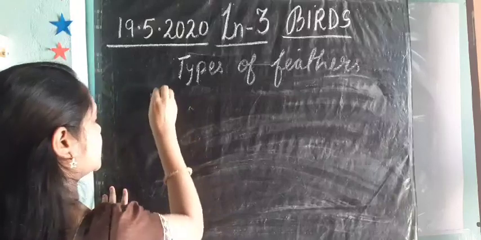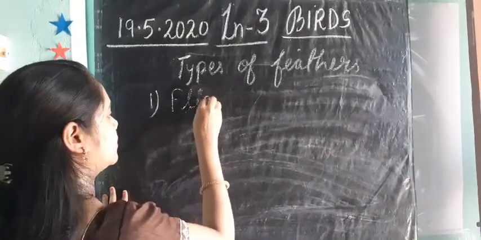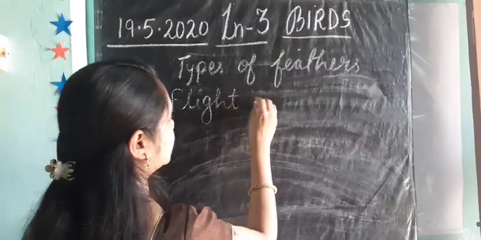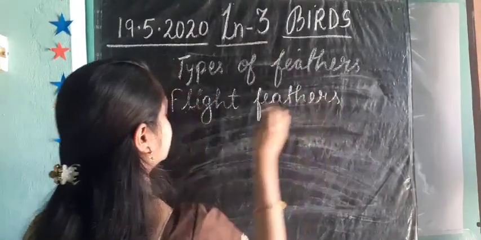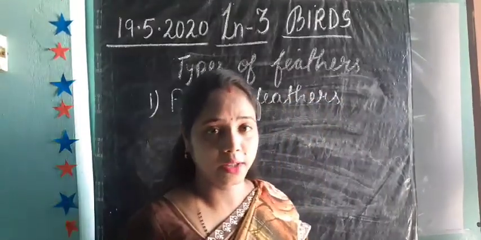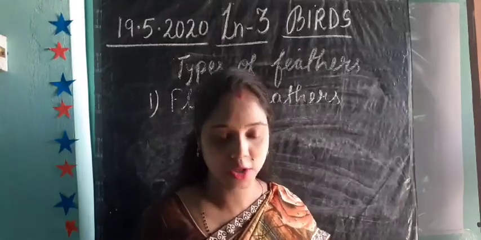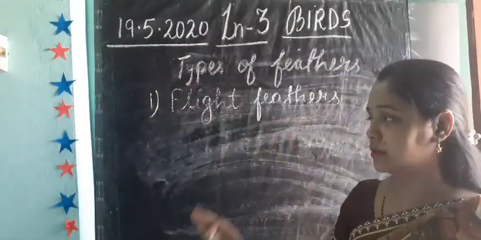Now see, the first type of feather is the flight feather. The second one is the body feather, and the third one is the down feather. So first we will see the flight feathers.